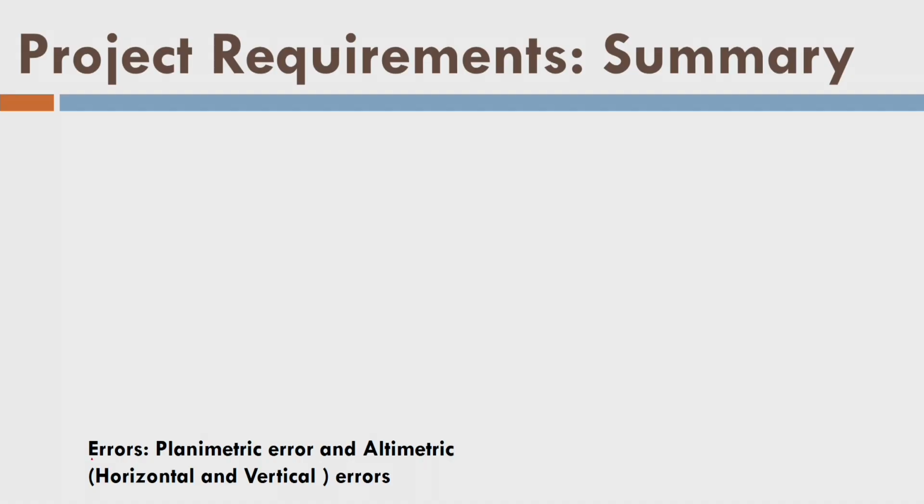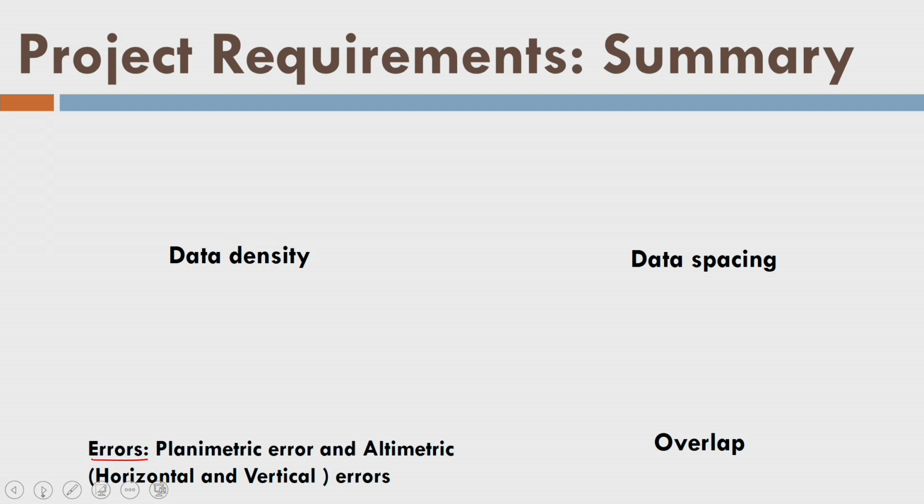Finally, I am now summarizing all the project requirements. So first is the error, then we have data density, then we have data spacing, then we have overlap. Okay, so let me write the minimum quantities. So the minimum quantity of the overlap is 10%, fine. Data spacing should be uniform.